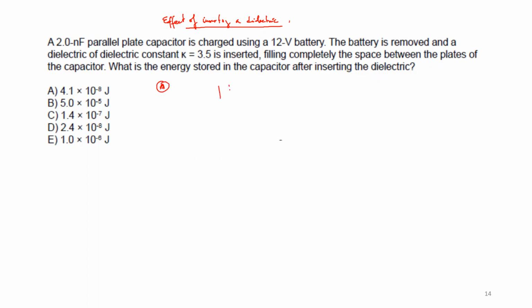I have a capacitor that has a capacitance C, and it's connected to a battery, plus minus. And this capacitor is charged. And let's call the charge Q. Because if this EMF is V, the charge Q is CV.